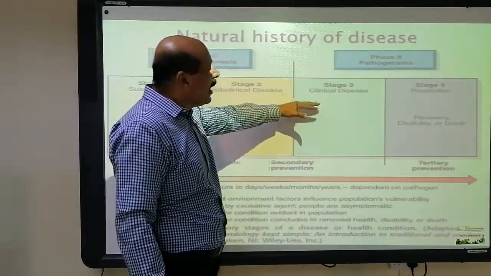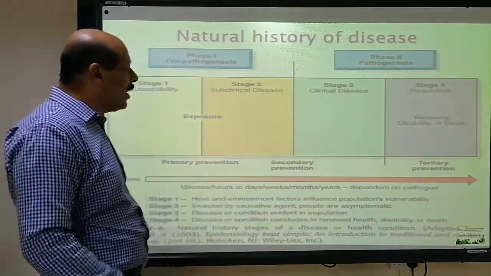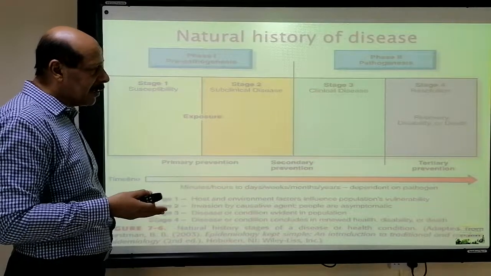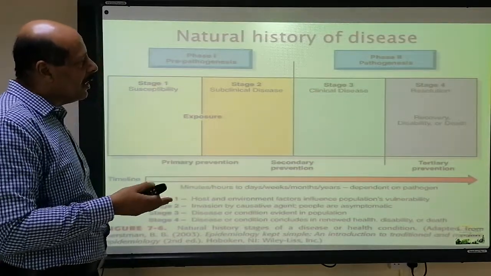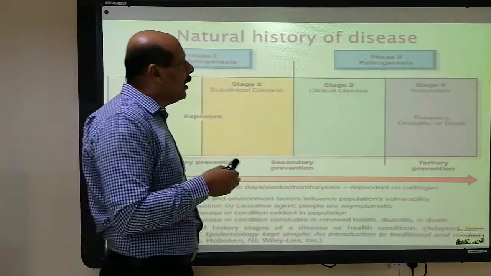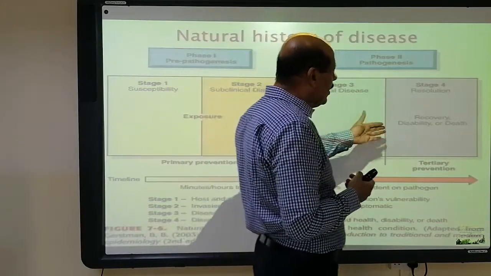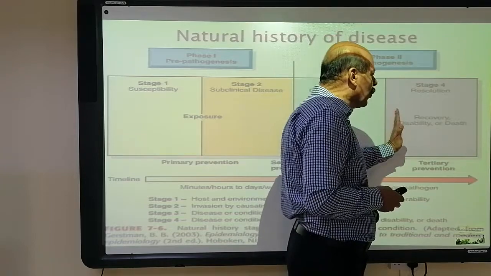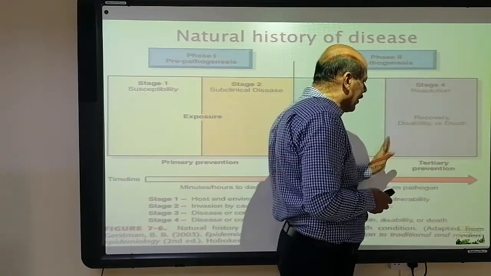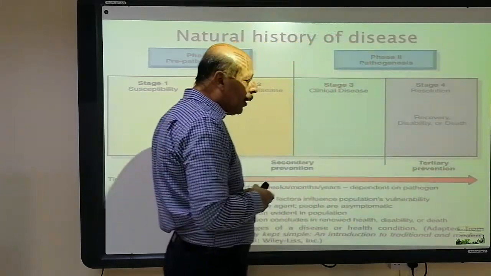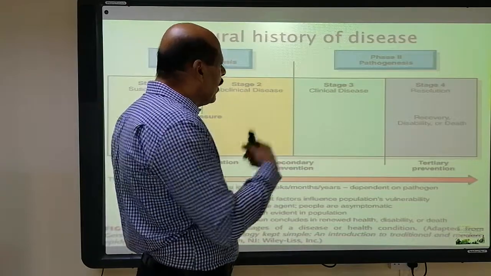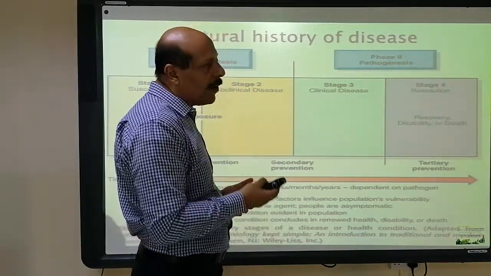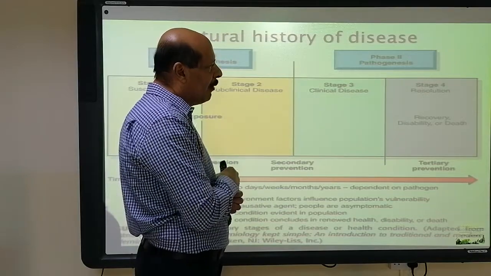In the clinical disease stage, we have to start early diagnosis and treatment. We have to give them treatment. In the resolution stage, it will lead either to disability, death, or recovery. So this is the tertiary prevention: we have to prevent the complications of the disease.